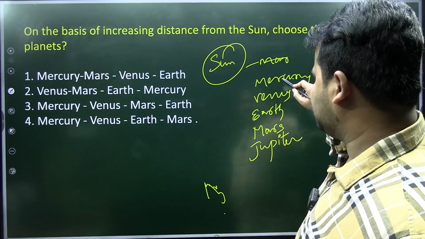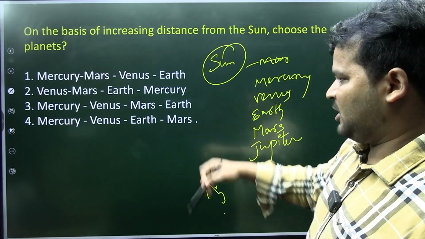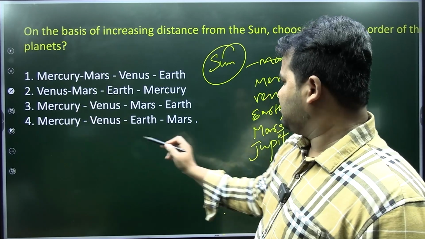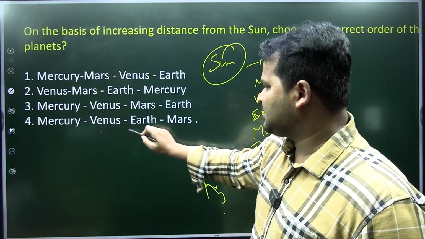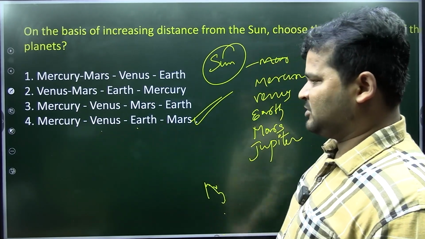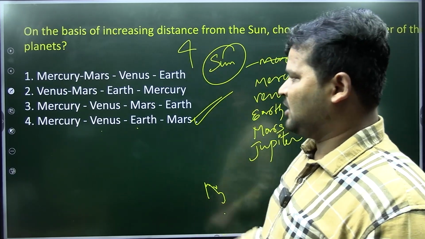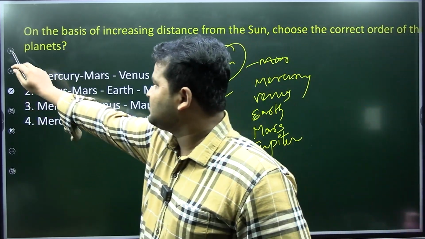So identify the sequence in the options. Mercury, Venus, Earth, and Mars. It is the right one. So 4 is the right option for this question.